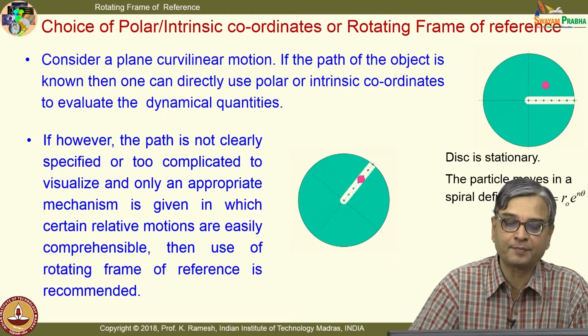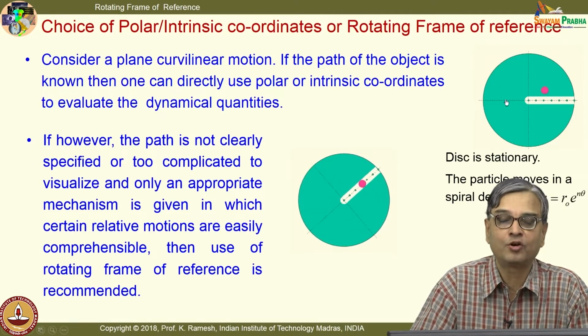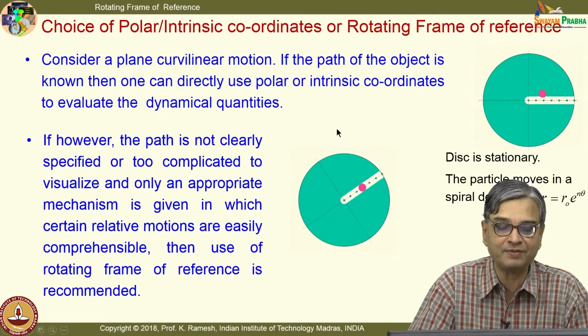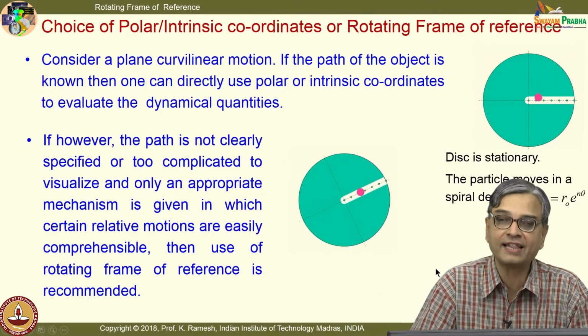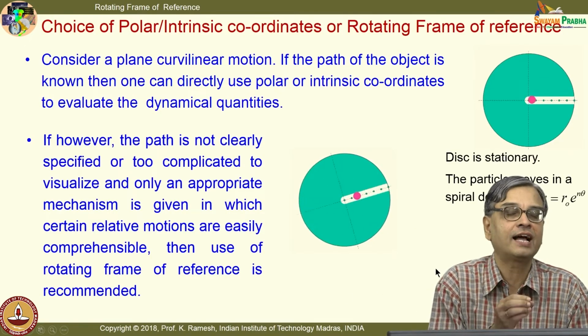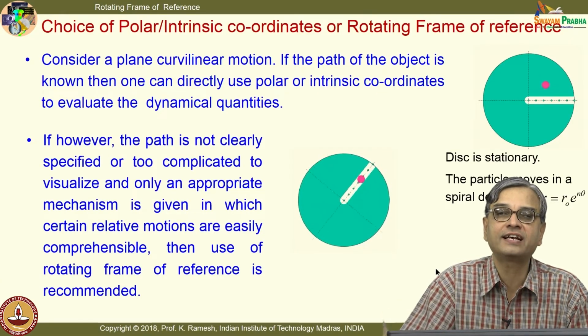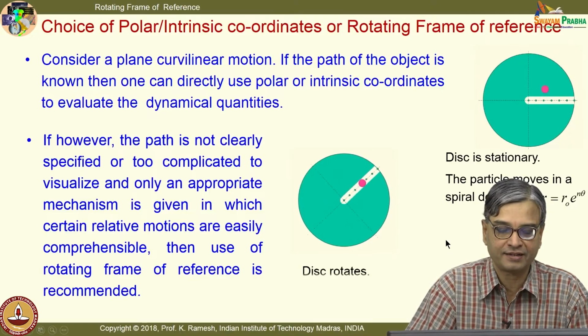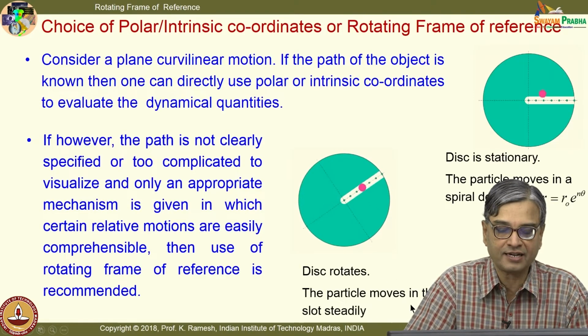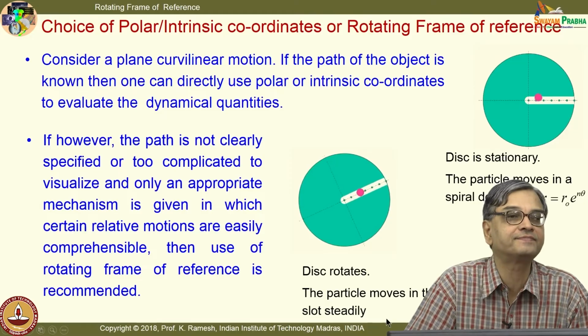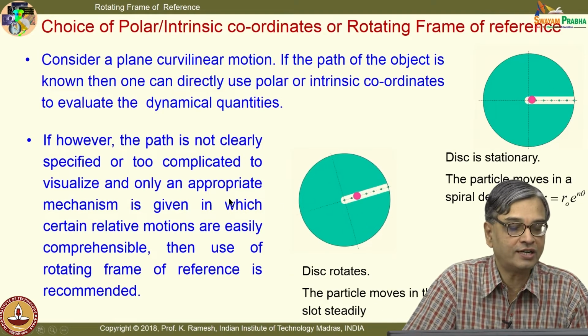And in this case, suppose I have not given this motion as spiral, I have started with this, then you would say that I have a disk rotating and a particle moving in the slot steadily. That is what you have here. Disk rotates, the particle moves in the slot steadily.